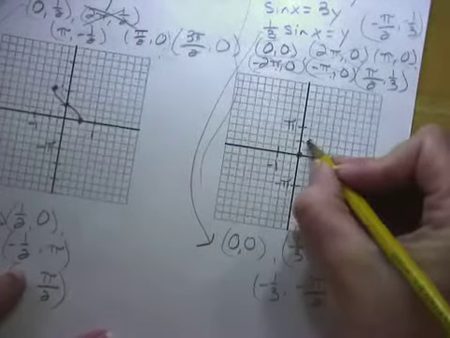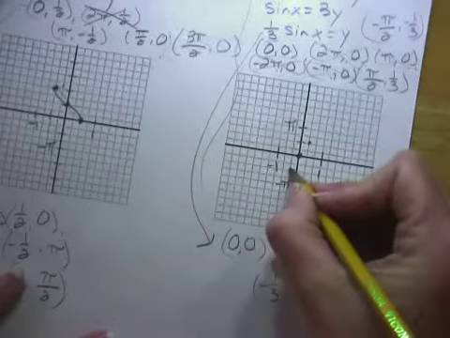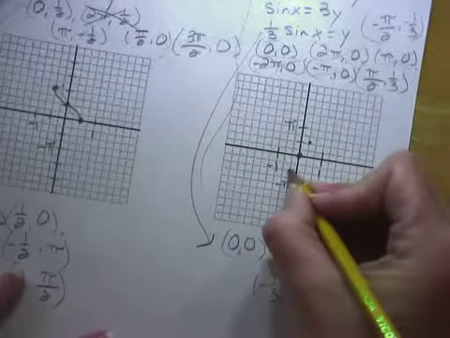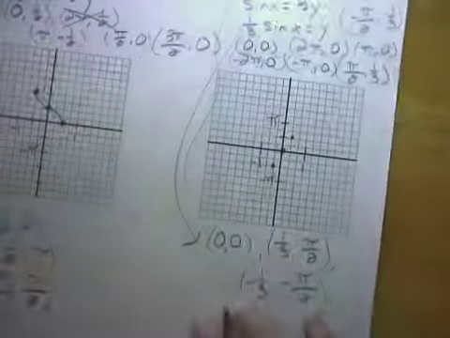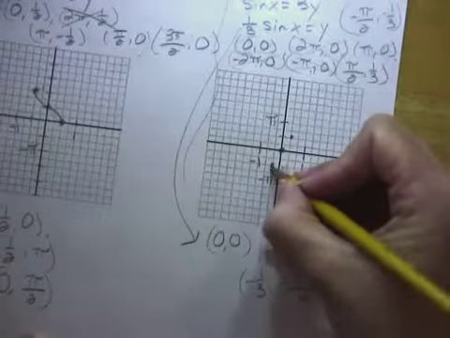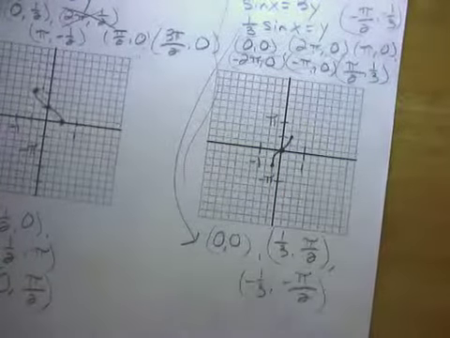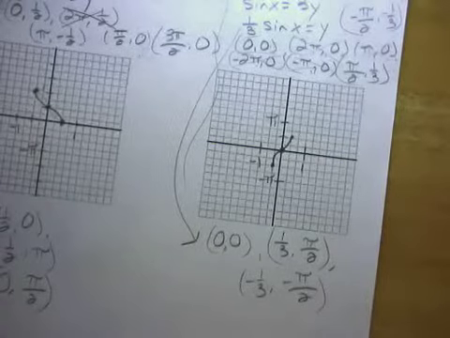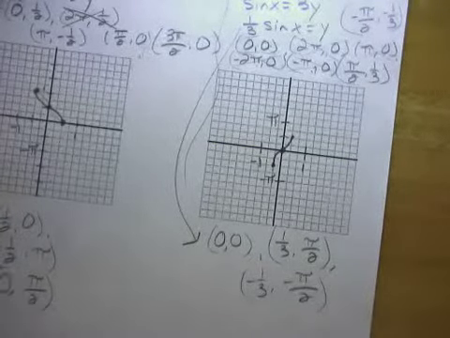And here's my 3 points. 0, 0, 1/3 comma pi over 2, and negative 1/3 at negative pi over 2. Again, still getting used to what these graphs look like, so I refer back to my notes to see what the graph is supposed to be shaped like. And it looks like that. Again, no arrows.